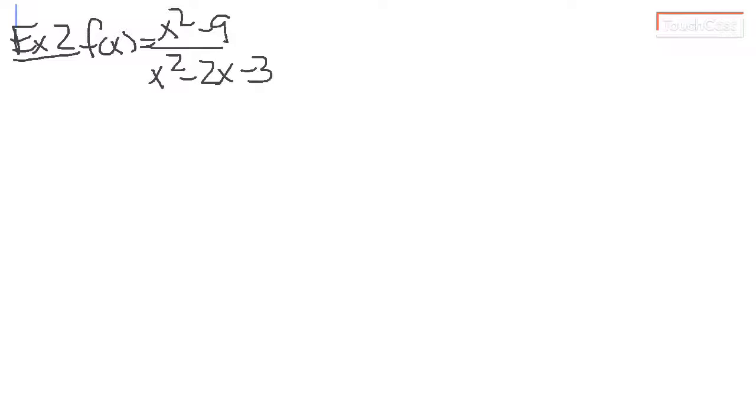So, first what we need to do is we need to simplify this. So let's start by factoring our numerator and our denominator, if we can. And here we actually can do that.